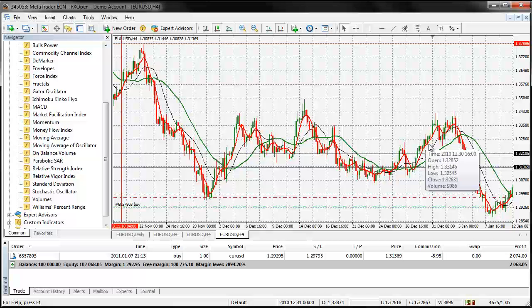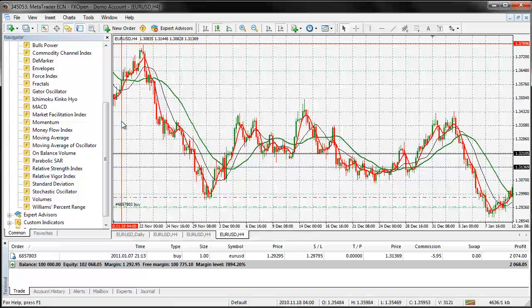Now you can see how far away this has moved. So the further away the moving averages are from the candle prices, the better. And as the candle prices come closer to the moving average, it's time to prepare to either protect your trade or close out if you're in a trade, or prepare to go in the other direction.